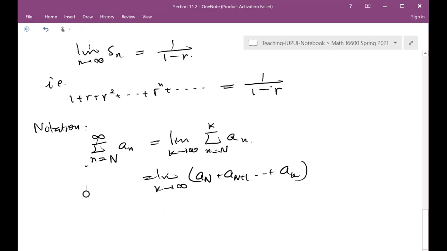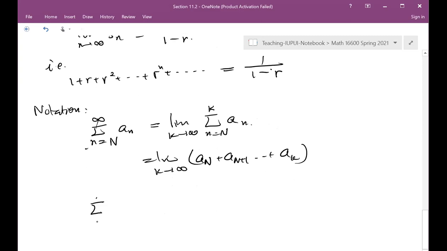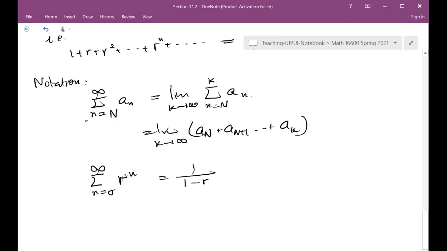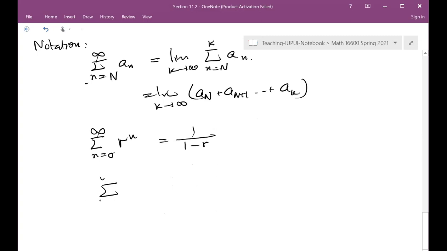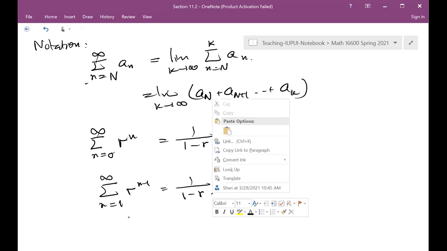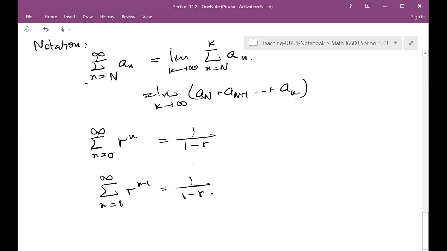If you use this notation, starting from 1 or from 0 doesn't matter. This is going to be 1 over (1 minus r). When n starts from 0, the first term is 1, r to the power 0. You can also express it starting from 1 as r to the n minus 1. So n does not always have to start from 1; it can start from 0.